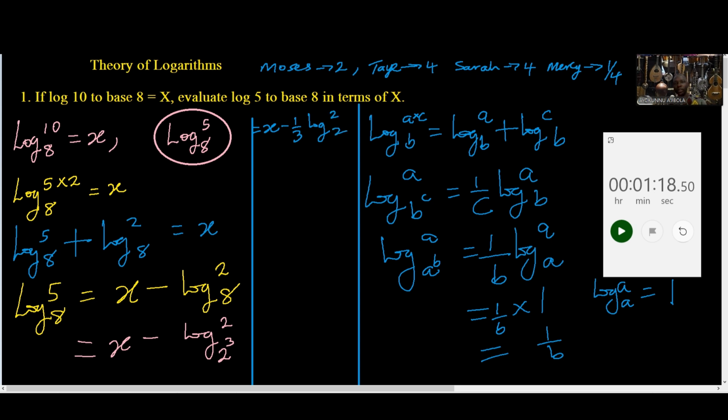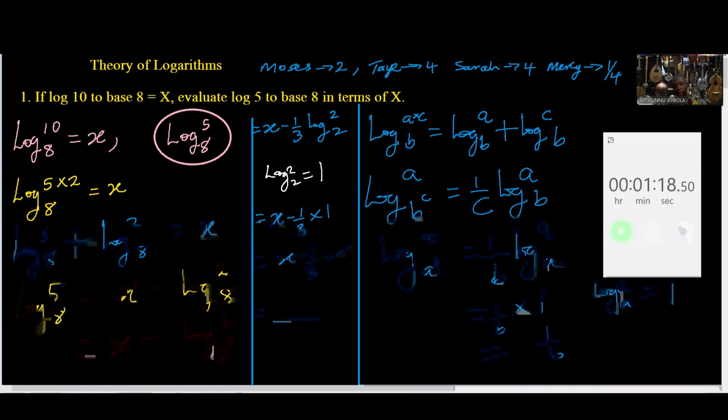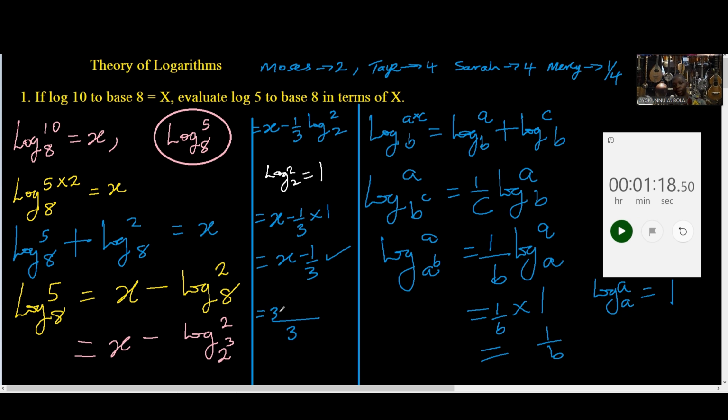Then we can say log 2 base 2 is 1. So our answer will become x minus 1 over 3 times 1. And this will be x minus 1 over 3. This is our answer, but we can combine it as a single fraction by finding the LCM of 3. This will be (3x minus 1) over 3. So it says evaluate this in terms of x. So this is the answer.